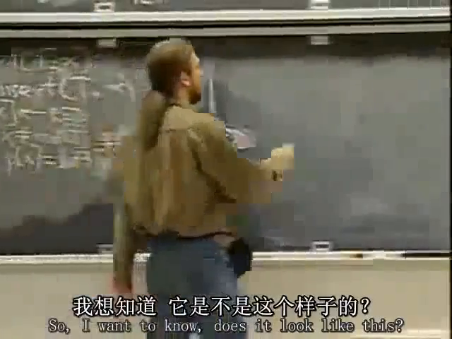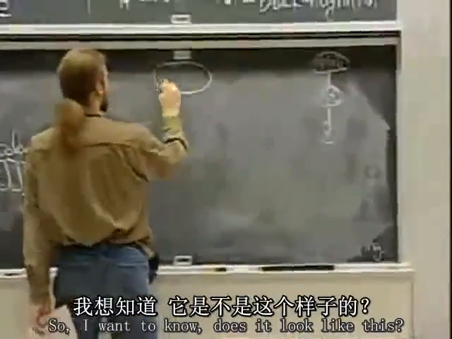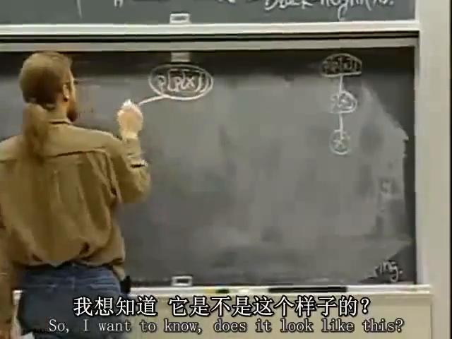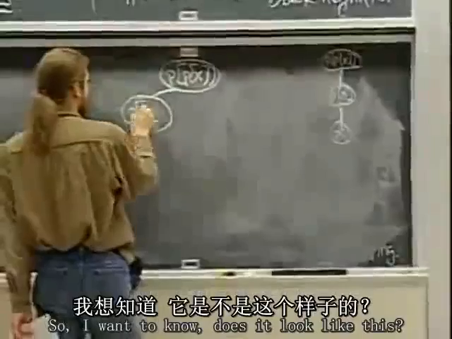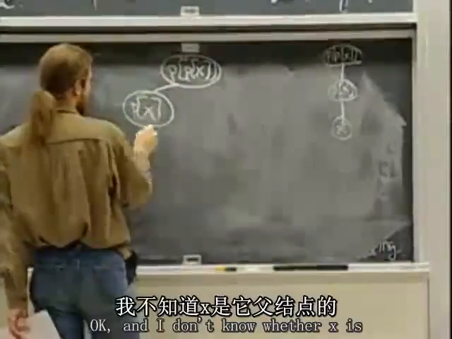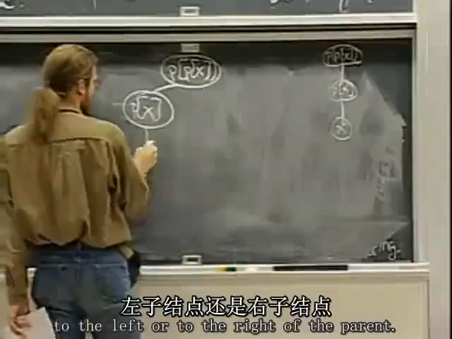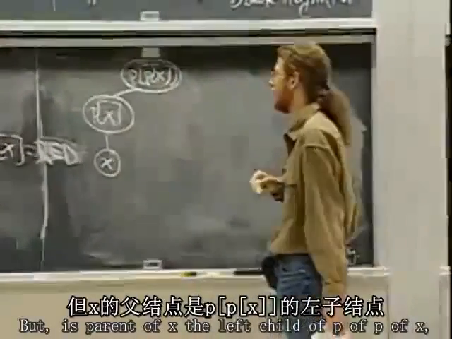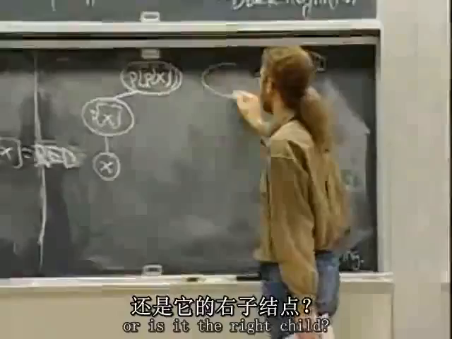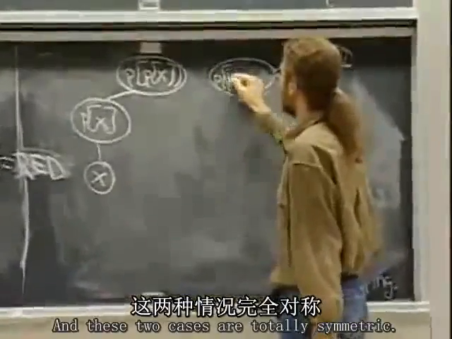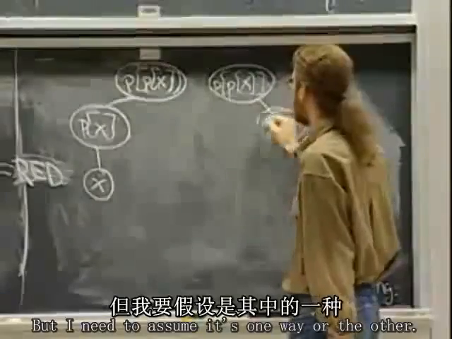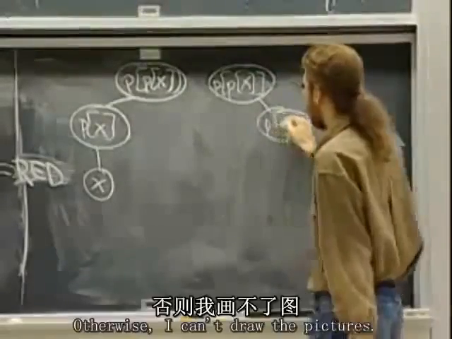So I want to know, does it look like this? Okay, and I don't know whether x is to the left or to the right of the parent, but is parent of x the left child of p of x, or is it the right child? And these 2 cases are totally symmetric, but I need to assume it's one way or the other, otherwise I can't draw the pictures.